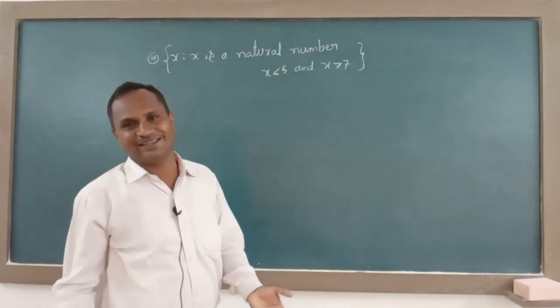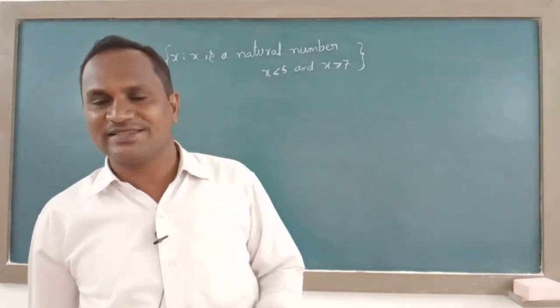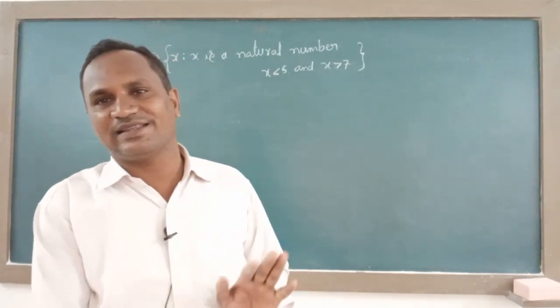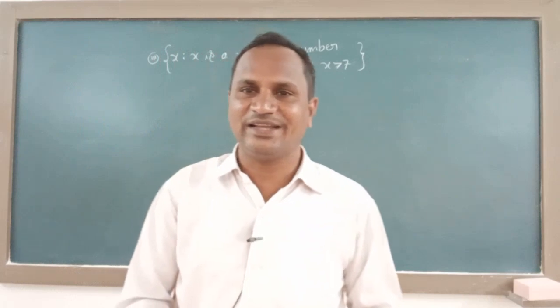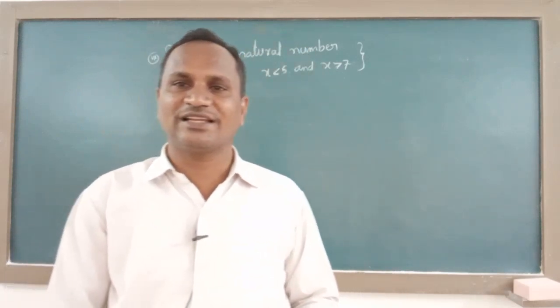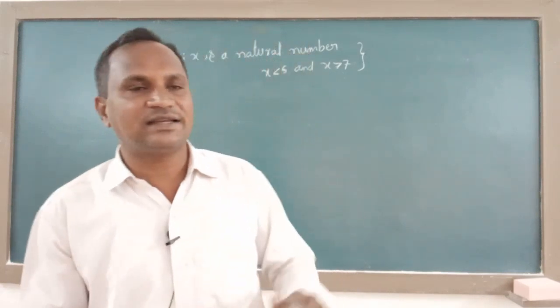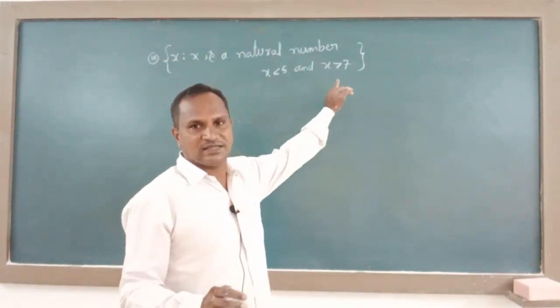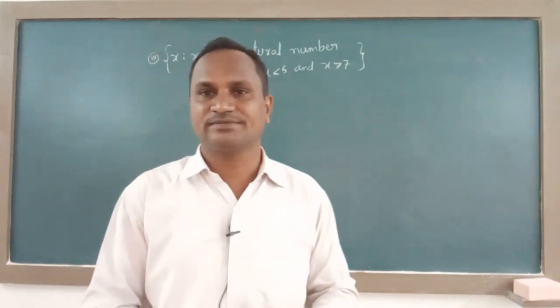No numbers you are getting. Less than 5 you can take numbers 1, 2, 3, 4, but they are not greater than 7. Greater than 7 numbers you can take are 8, 9, 10, 11. They all satisfy one condition, greater than 7, but they are not satisfying the condition less than 5.